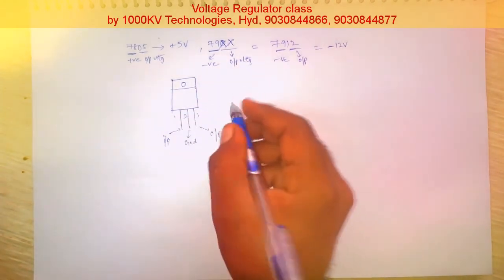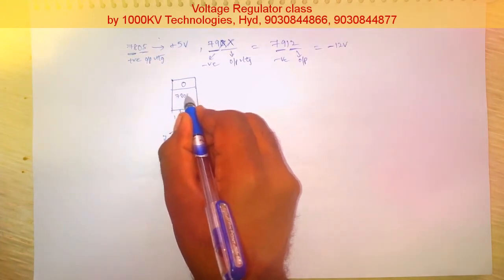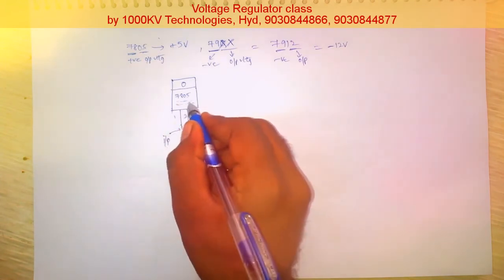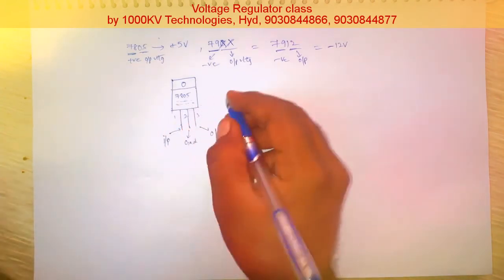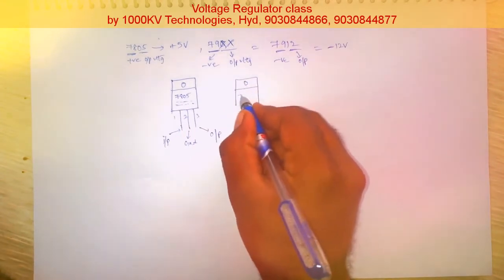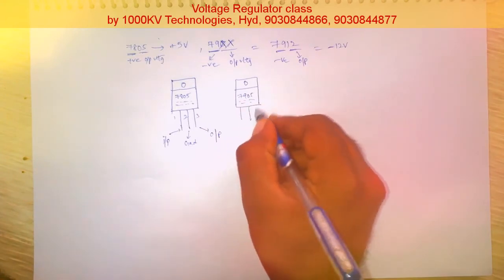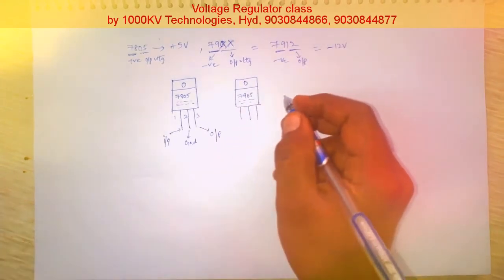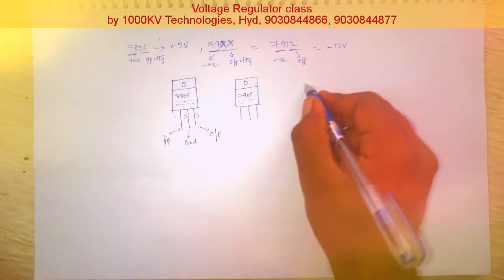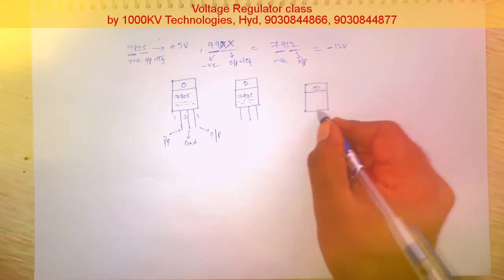If it is 7805, it is printed on the body, along with some manufacturer code. If it is 7905, some manufacturer code numbers are printed too. When it is connected in the circuit for voltage regulation, it should be connected like this.